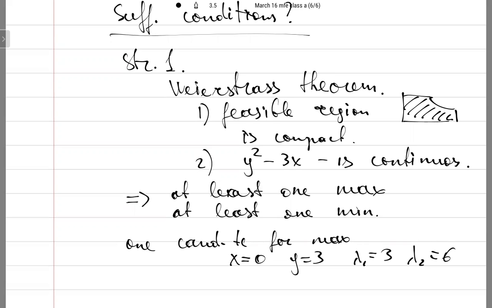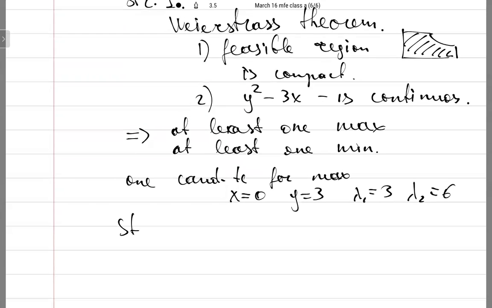No. Strategy 2. I prefer the graphical approach and the Weierstrass theorem. I always try to avoid something complex. Sometimes it's unavoidable. Sometimes the Lagrange multiplier method is a hammer, our last resort. If I can solve it before applying our mighty hammer, then okay.